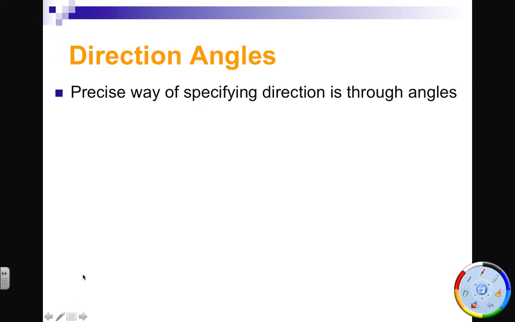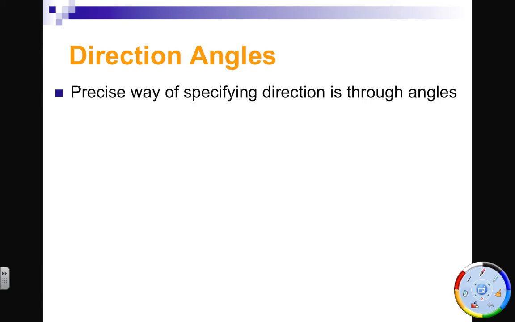Okay, so here's another one of those interesting things. When we first look at vectors, we kind of look at slope, but really that's not how we do a lot of things. A precise way of showing direction of a vector is using angles.